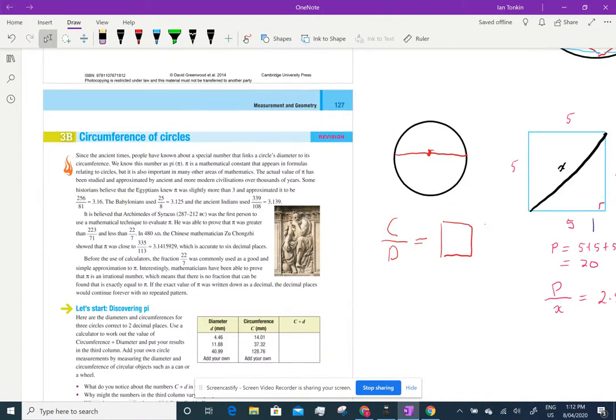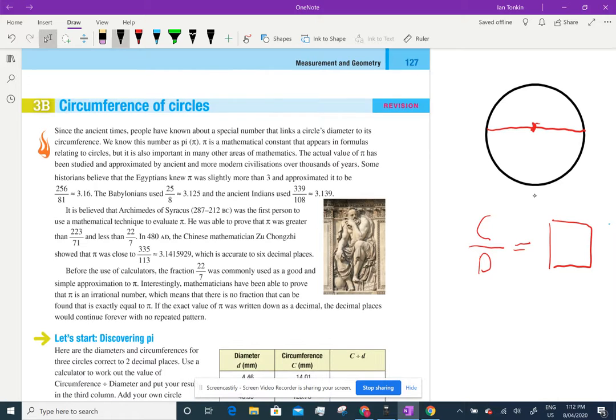Now, lots of other civilizations have given us values of pi. We had the Egyptians, they knew a value of pi. The Babylonians, the Indians, but Archimedes was the one who was able to inscribe a polygon inside and outside, and hence show that the value of pi was greater than 223 over 71 and less than 22 over 7.